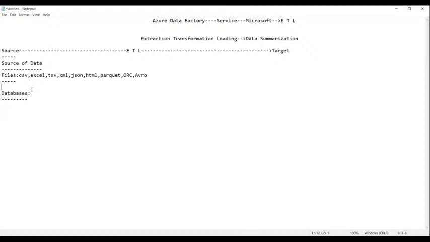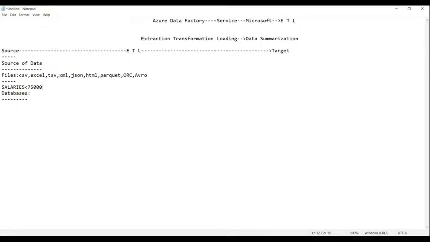The third reason is access, that means getting a particular piece of data. Suppose I want the list of employees whose salaries are less than 75,000.